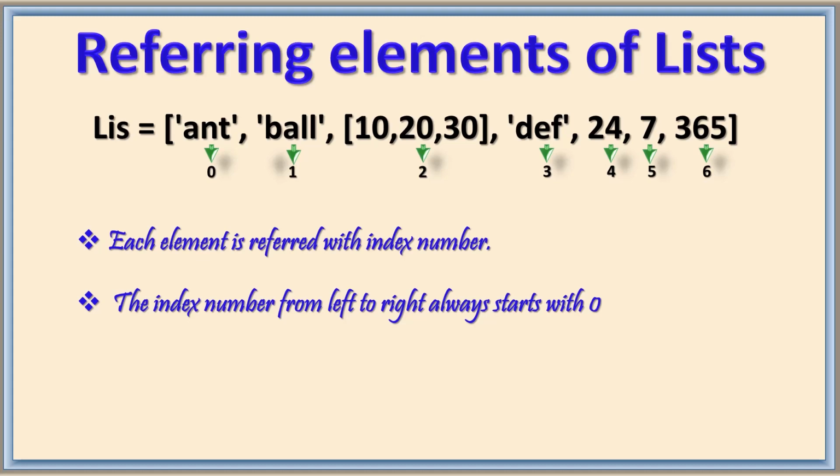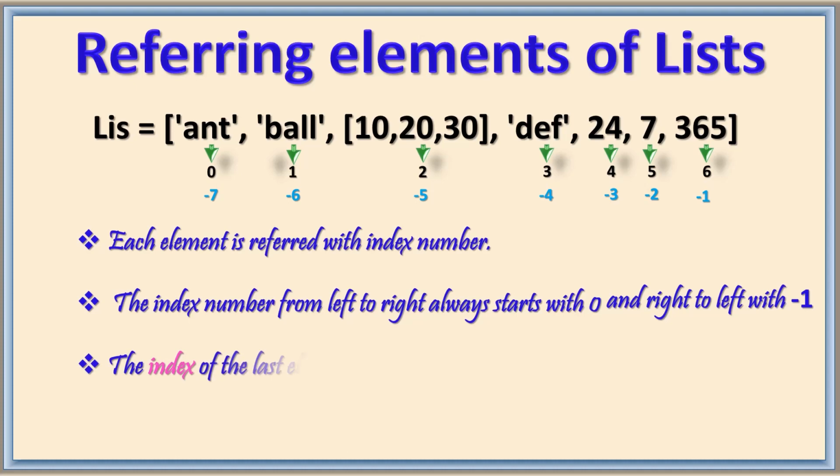Now if you see from right to left, even we can go from right to left, the index number here will start from -1. So here 365 is -1, 7 is -2, and so on, ending at -7. If you want to mention the last position, then we can say length of list minus 1. What does length mean?